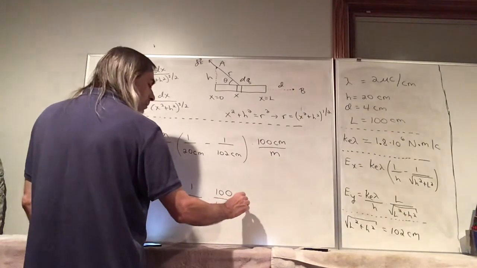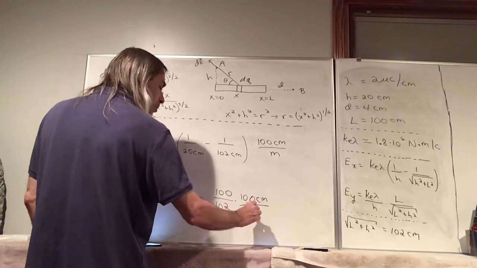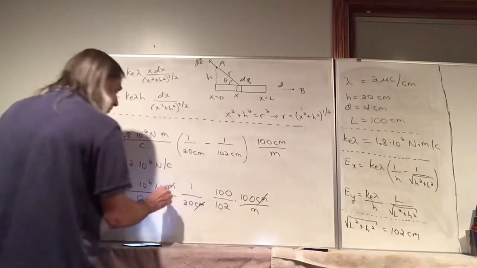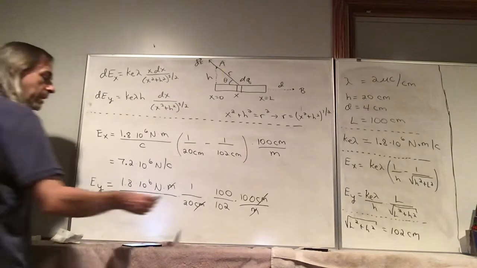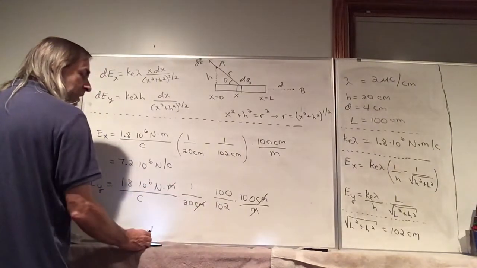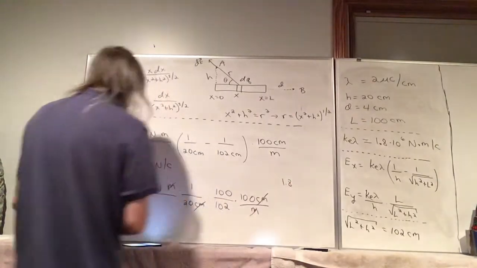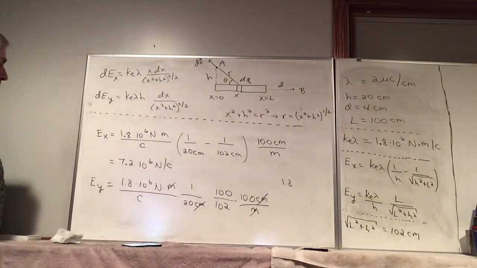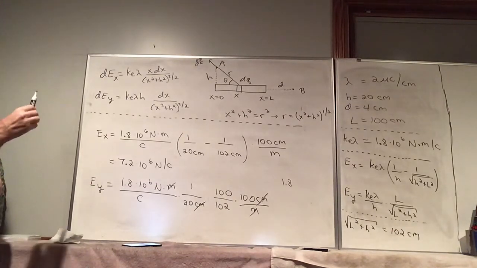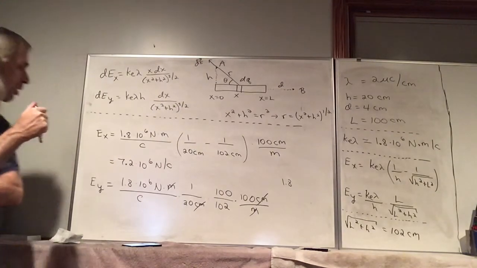And then 100 centimeters per meter. So we get newtons per coulomb again. So let's see, 100 divided by 20 is 5. So here we have 1.8... we're going to get a seemingly much larger y value by a pretty large margin.